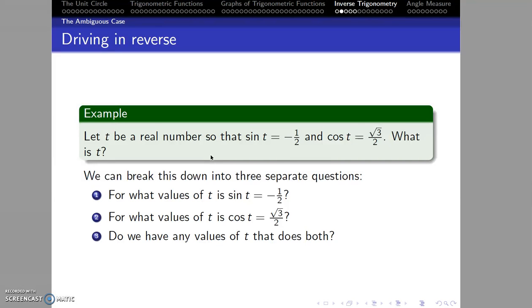There's two separate places on the unit circle where that's going to happen. Also, there's two separate places where cosine is root 3 over 2. So it might be possible that this is an impossible construction. It might be possible that all the values of t that produce this are at the same time none of the values that produce this. Or maybe there's some overlap, maybe there's just one solution. Let's look and see.